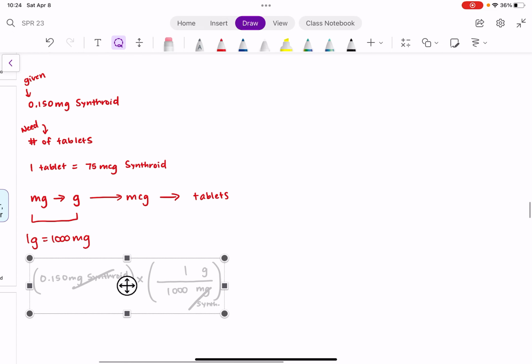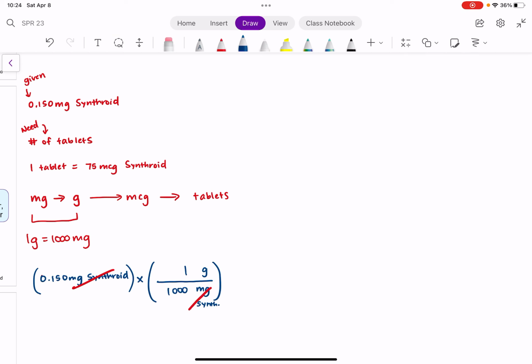All right, so we don't want grams. So what's our next step? We want to get rid of those grams. So how are we going to do that? Well, we know another conversion factor, another equality between grams and micrograms. What's our bigger unit, grams or micrograms?